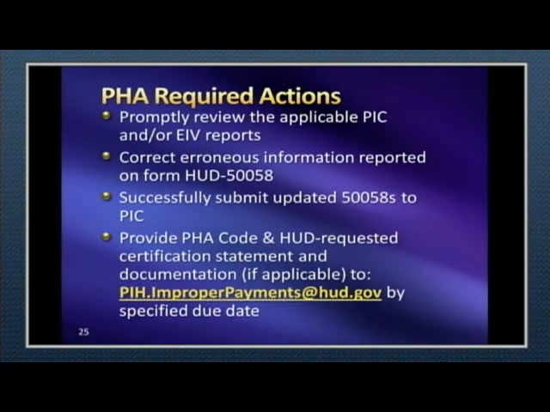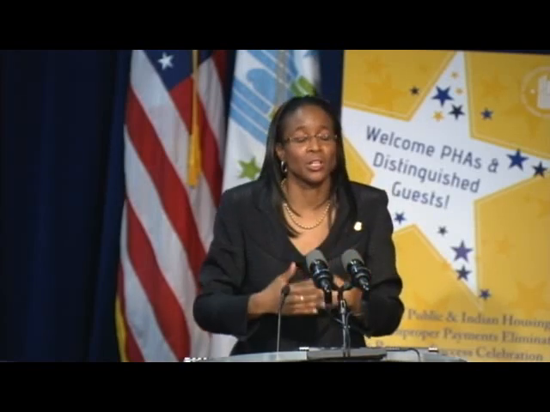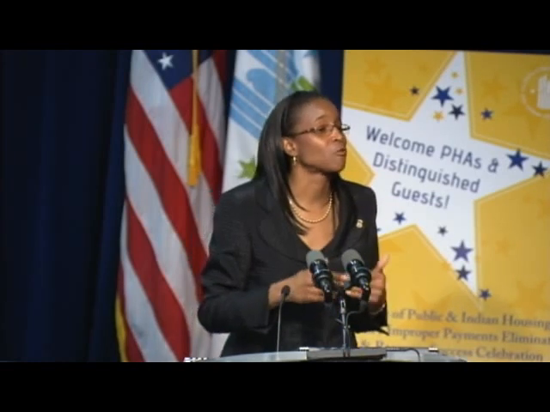Also, you want to make sure that you're successfully submitting the 50058 to PIC, because a lot of times what I'm finding is that a lot of housing authorities thought they successfully submitted the report to PIC. However, it was rejected. So when you're submitting your 50058, check your PIC submission report, and if there's an error, implement the applicable corrective action as outlined on pages 199 through 201 of the PIC Technical Reference Guide.